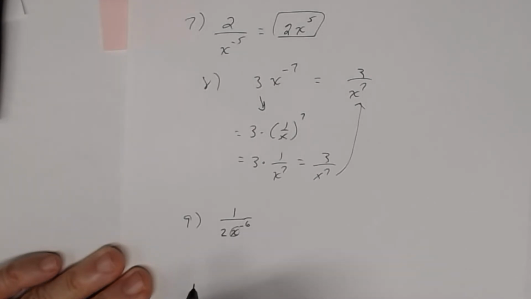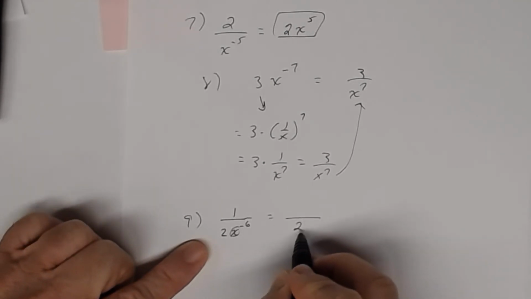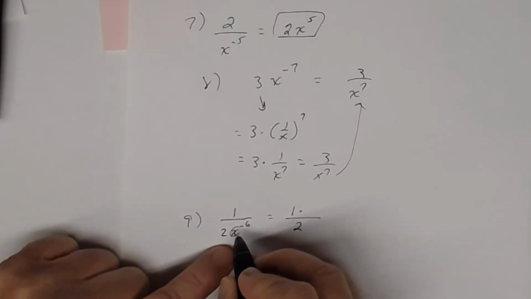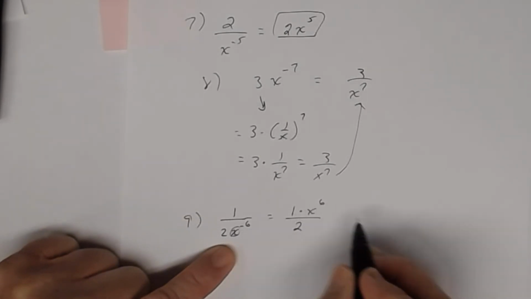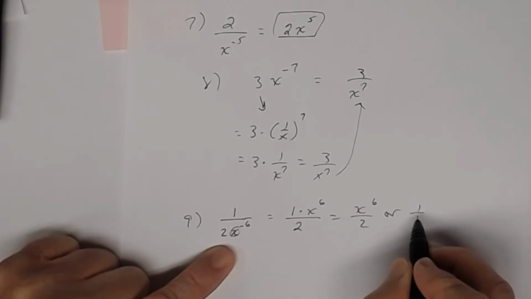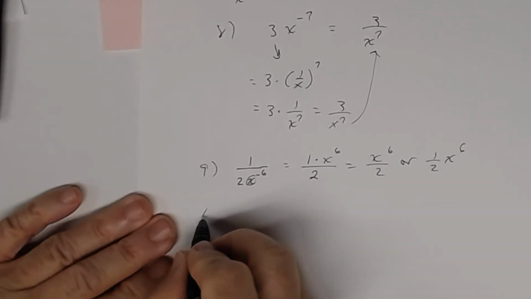The 2 will stay in the denominator. So in the denominator I have 2. In the numerator I'm going to have 1 times this x, to what power? To the 6. So I get x to the 6 divided by 2, or you can say 1/2 x to the 6. Okay? Don't make it difficult. It is not supposed to be difficult.